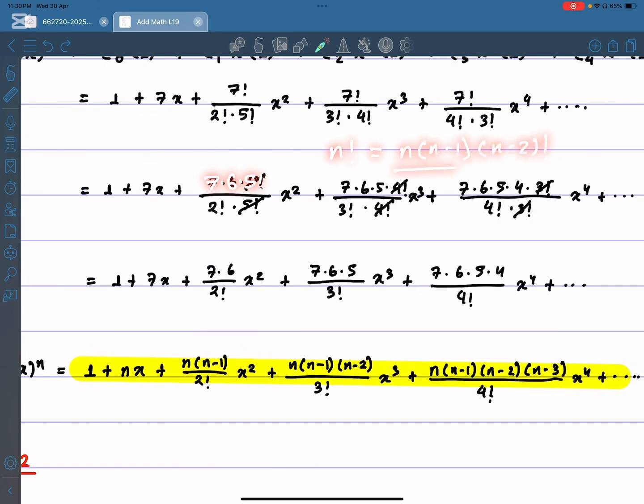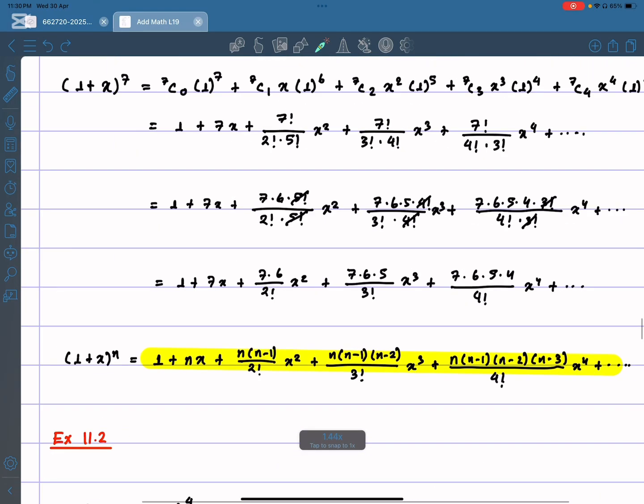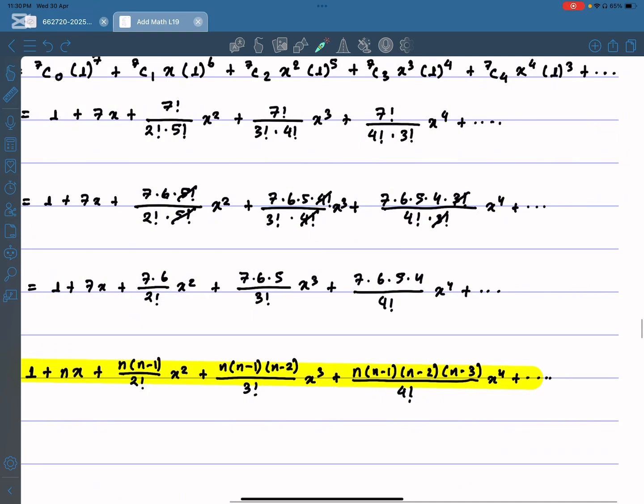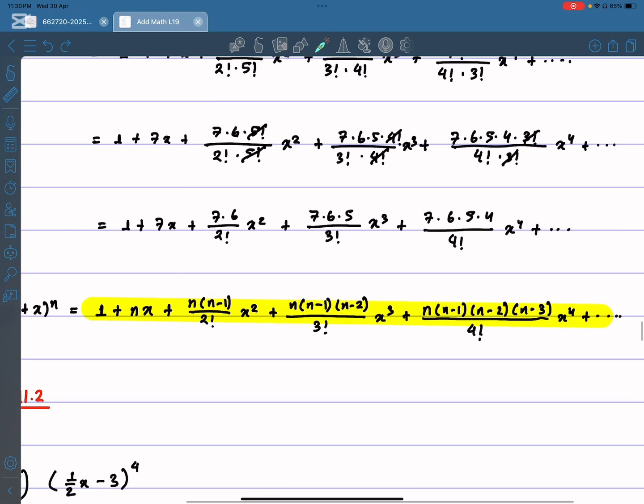Then for the next term we write 7 factorial as 7 into 6 into 5 into 4 factorial, and the same thing goes for the other term.